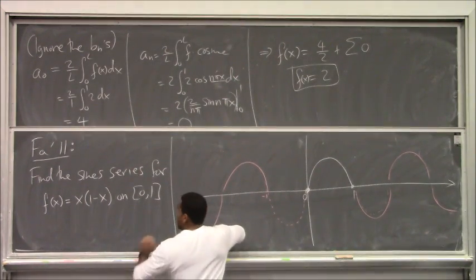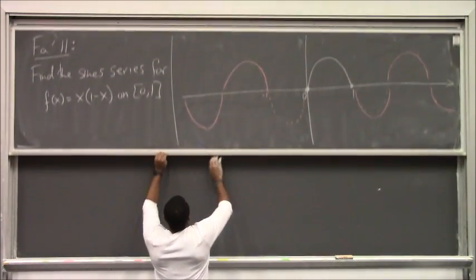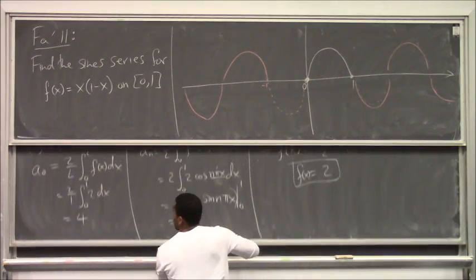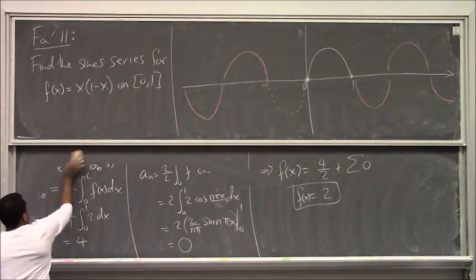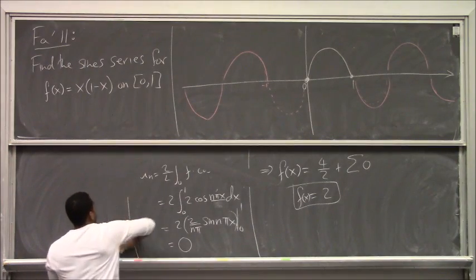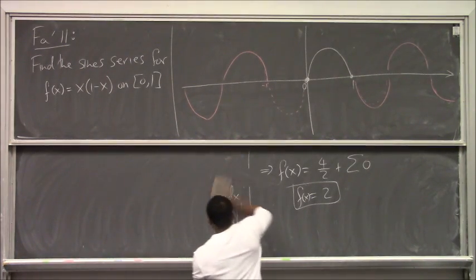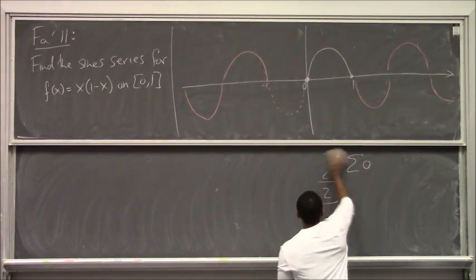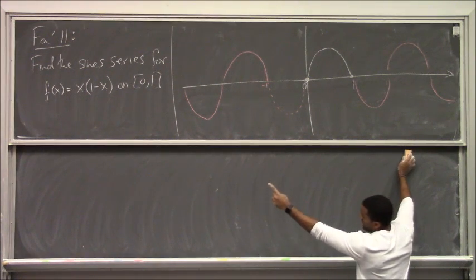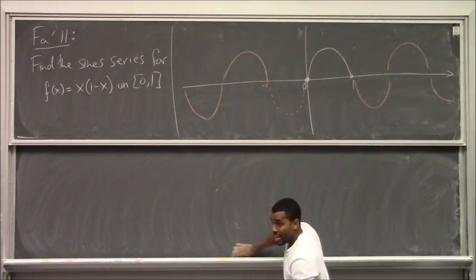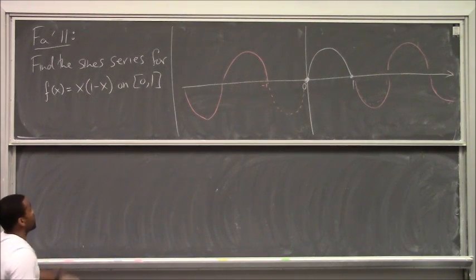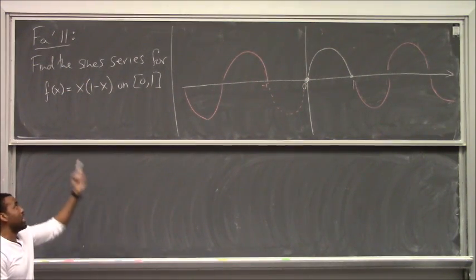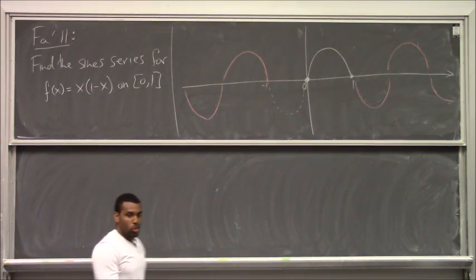So, what would the series actually look like? Once they say the word sine series, that means ignore the A's, only focus on the B's. If you're not paying attention, you're going to do triple the work.